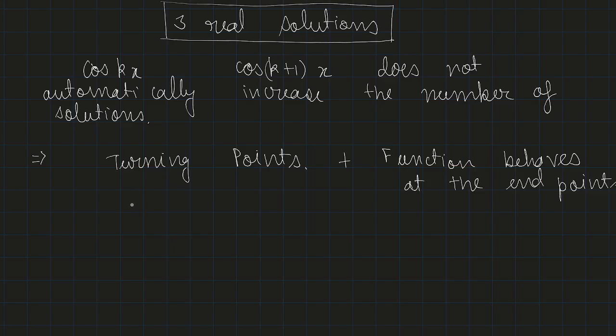Additionally, having turning points doesn't by itself mean that we have solutions. Consider something like this: I have two critical points, one minimum and one maximum, but with some domain here, I can clearly see I have only one real solution. So we also have to make sure that one turning point is above the x-axis and one is below the x-axis.